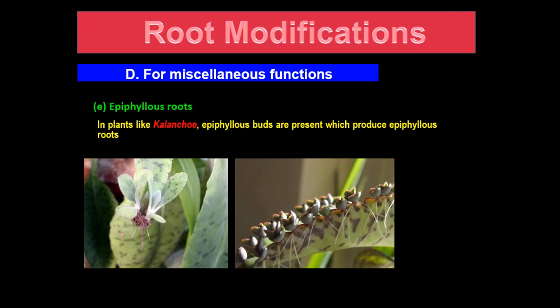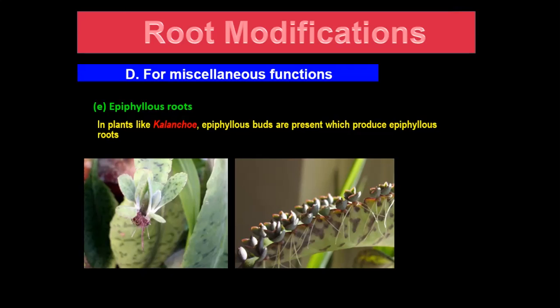In plants like Bryophyllum, epiphyllous buds are present, which produce epiphyllous roots. So foliar roots. For example, Bryophyllum produces buds at the margin of the leaves. This is what we call foliar roots.